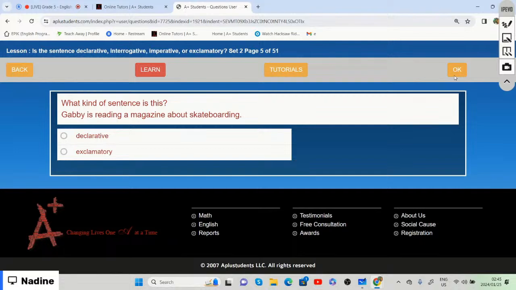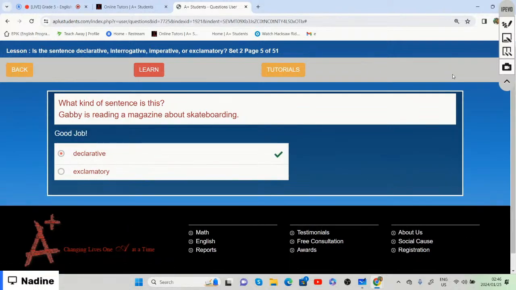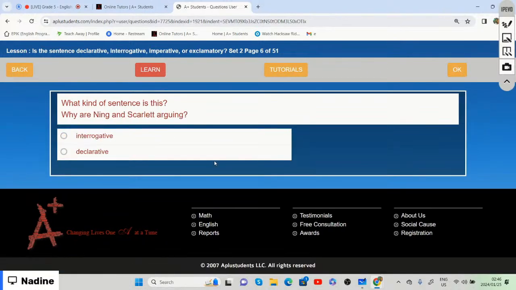All right. So if we are going to choose the correct answer for Gabby is reading a magazine about skateboarding, then we can say this is a declarative sentence. Well done. Let's do one more.